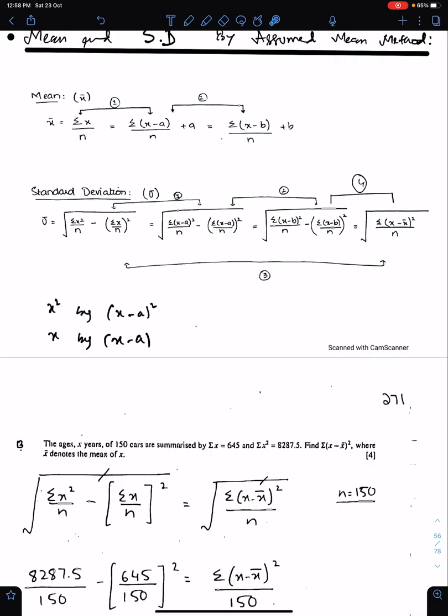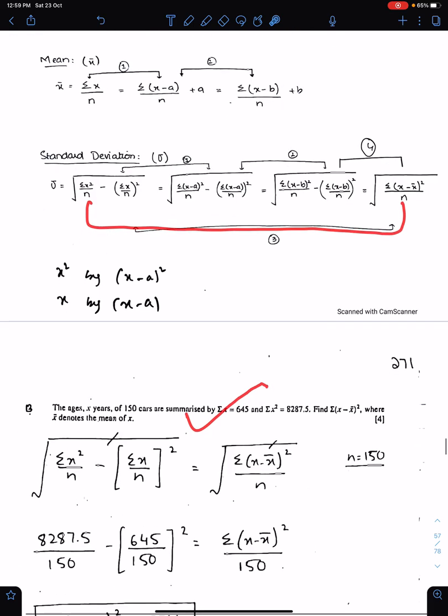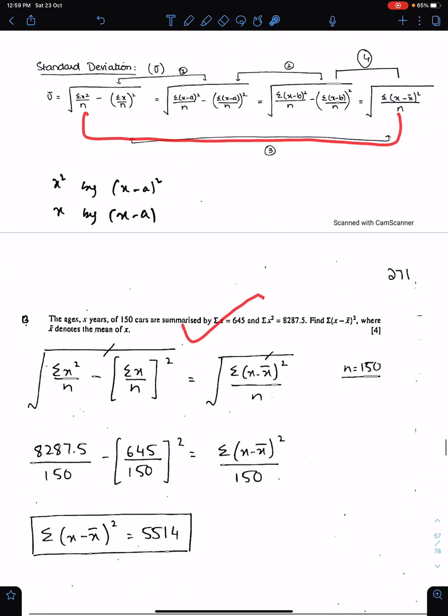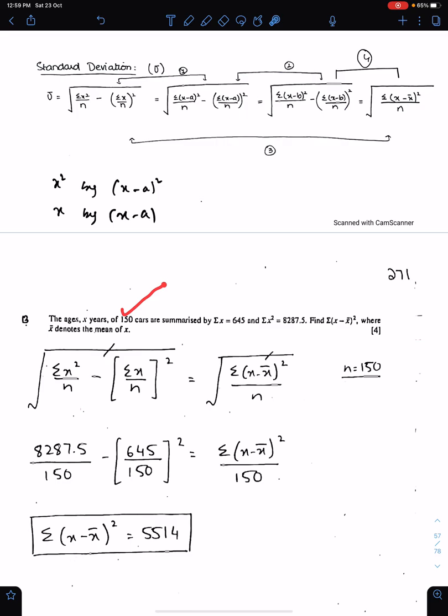See, I'm using this relation in this example. N is 150, sigma x is given, sigma x square is given. So all information is given for this formula, and we need this one. So we just need to equate these two, like this.